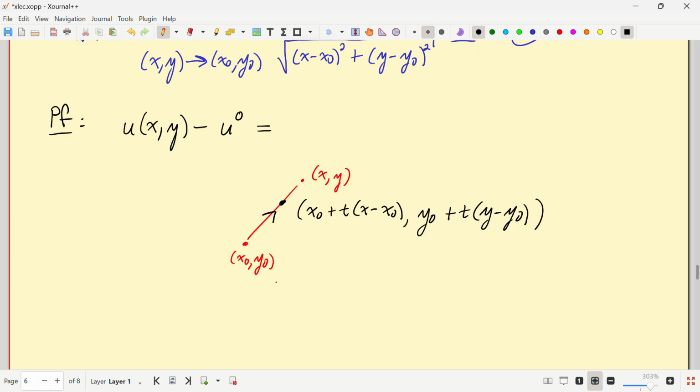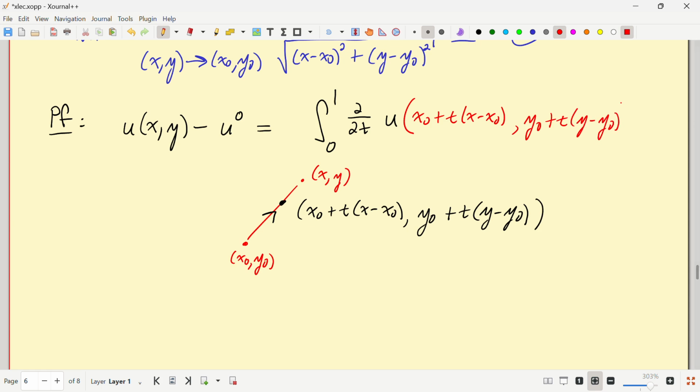I'm going to integrate between 0 and 1, and this is the fundamental theorem of calculus. I take d by dt of this function u, evaluated at x naught plus t times (x minus x naught), comma, y naught plus t times (y minus y naught), and then I'll have dt.